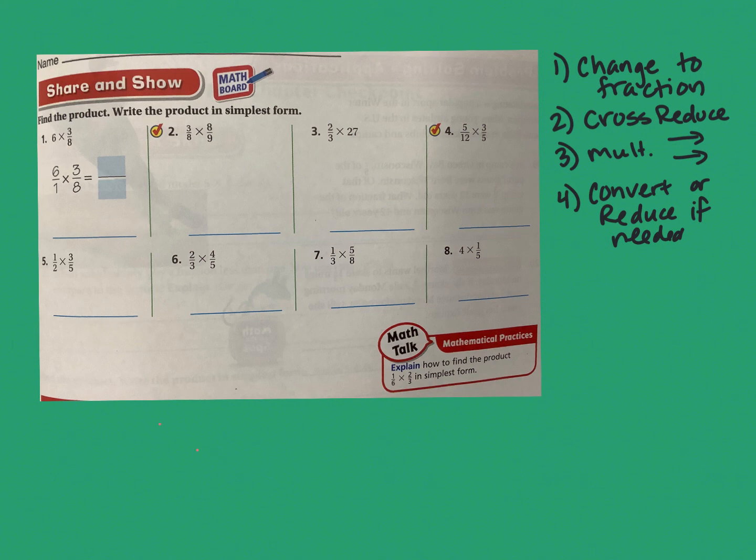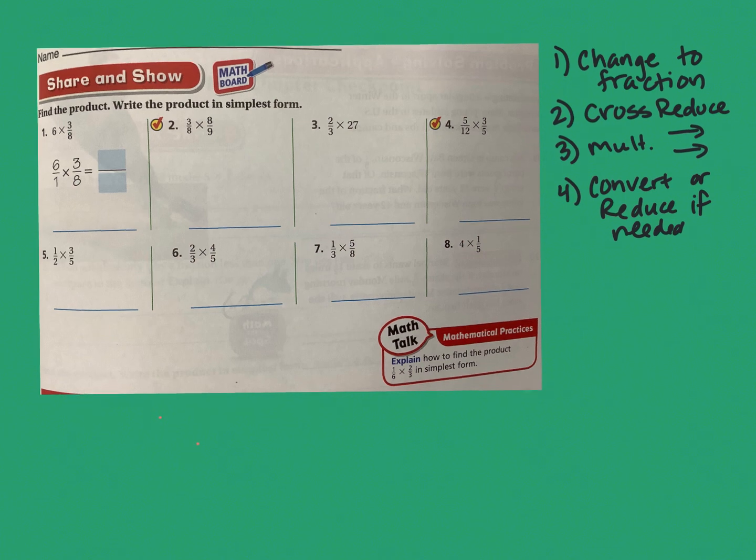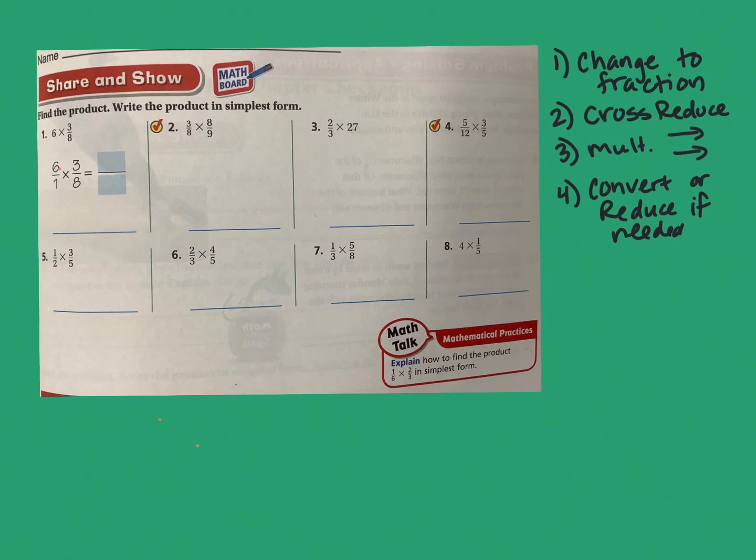So I'm going to do that. That helps me with my reduction later. So I have 6 divided by 2 is going to give me 3, and 8 divided by 2 is going to give me 4. So I'm going to go with those numbers. By the way, I'm going to write this down here and not do the cross reduction so that you can see that you're still okay if you skip that step or if that step feels confusing to you.